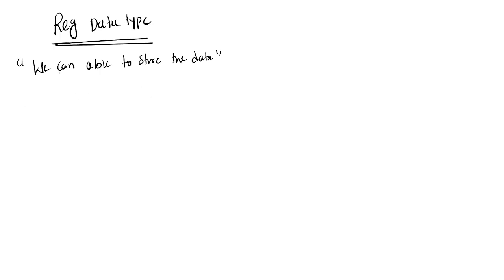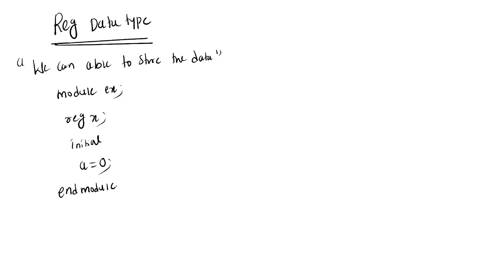Suppose, like, module example, I am considering reg a, and I am using initial a equal to 0, end module.